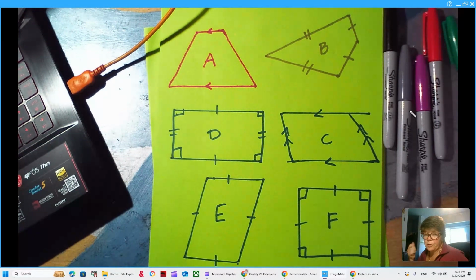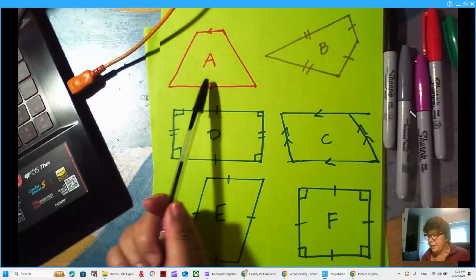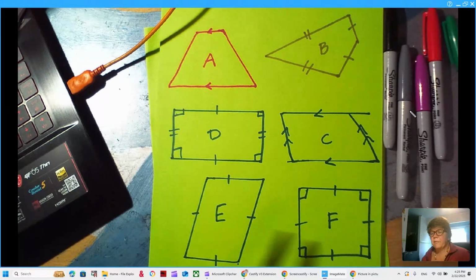Now I want you to think by yourself or with a partner, whatever your teacher tells you to do, about quadrilaterals A, B, C, D, E, and F, and what do you notice about them?